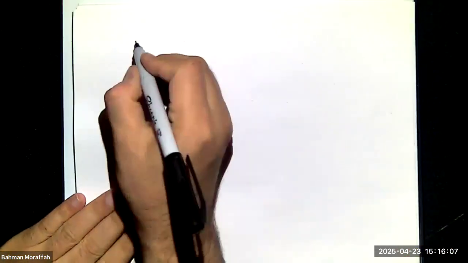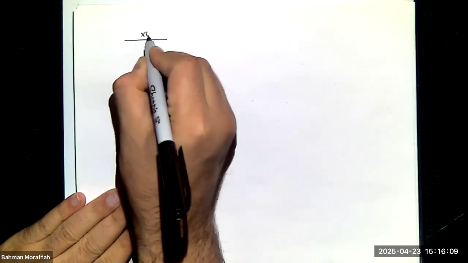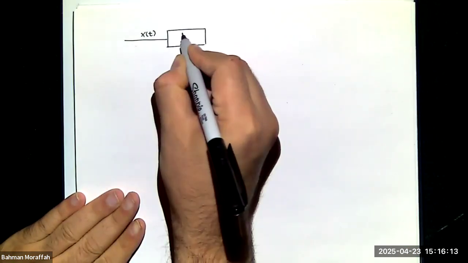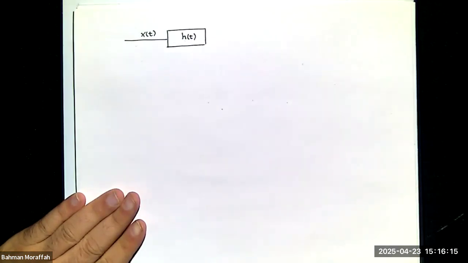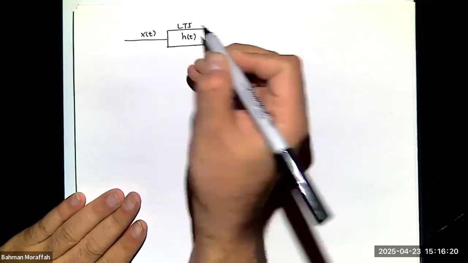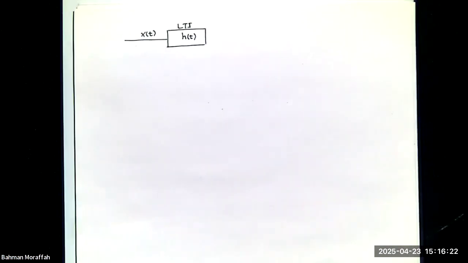Let me quickly talk about something else. If you guys remember, we said if I have some input x of t, I can always feed this x of t to some system, which is h of t, right? Let's just assume this system is very well behaved. It's an LTI system, right?